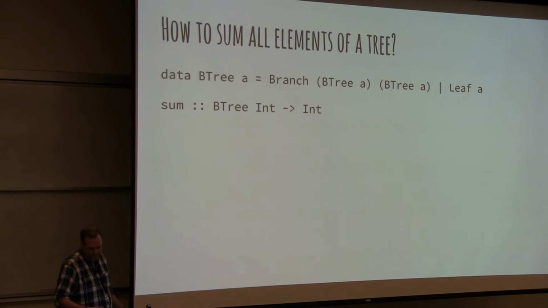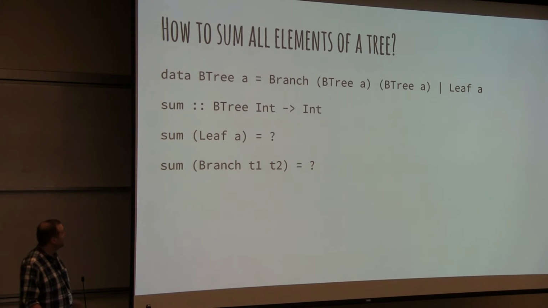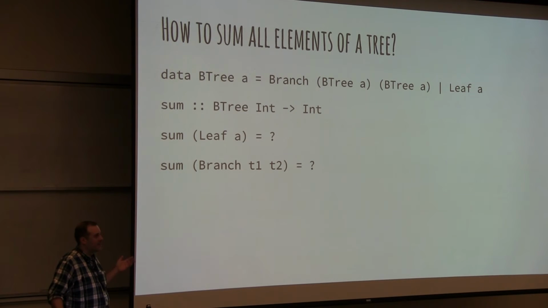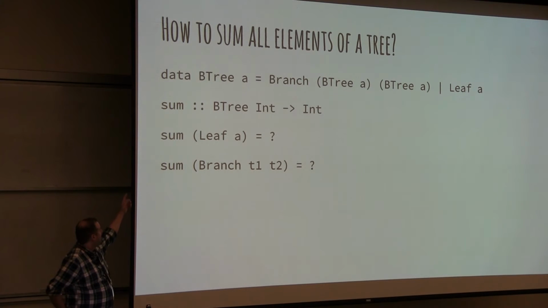I'm going to go maybe a little faster with this, but if that's our definition, again we want the sum of all the elements of a tree. We do the same as we did for the list, right? If this is a tree of integers, what should we put in the first case?